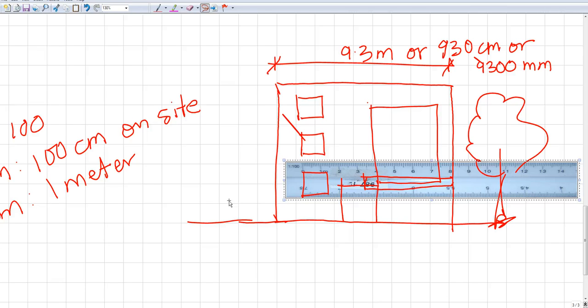So the distance that we have is how much? 1.4 meter, or 140 centimeter, but usually it's always written in millimeter, so that is 1400 millimeter.